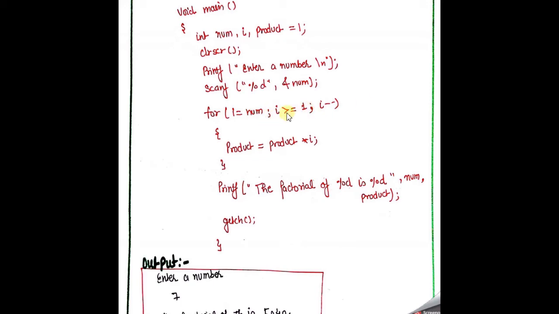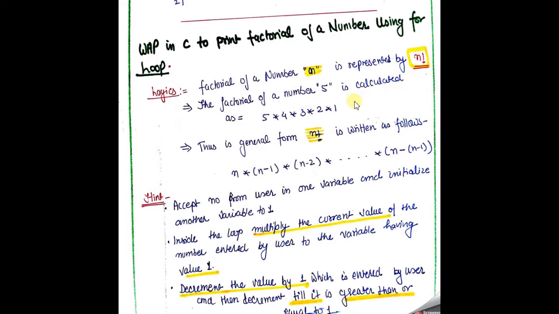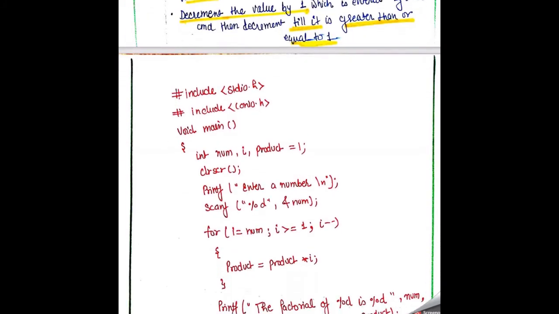Why am I checking that? Because I am not going to multiply by 0, by minus 1, by minus 2, because our limit is from 5 to 1.